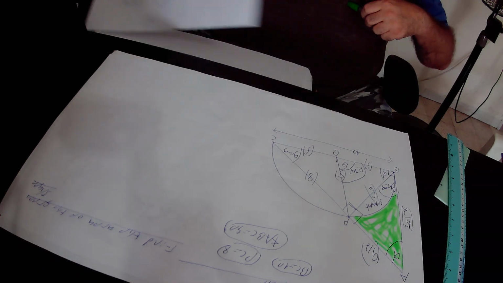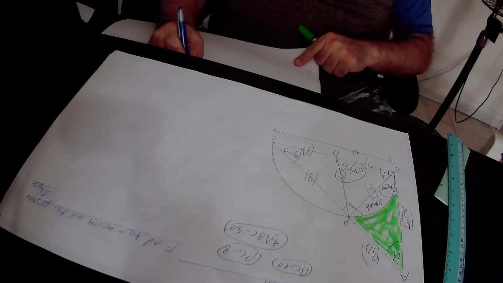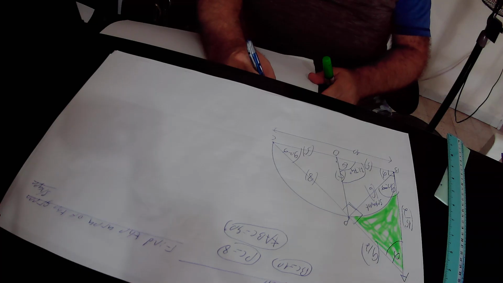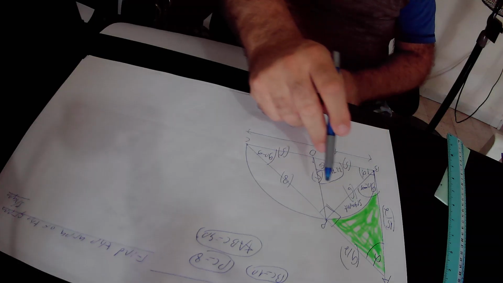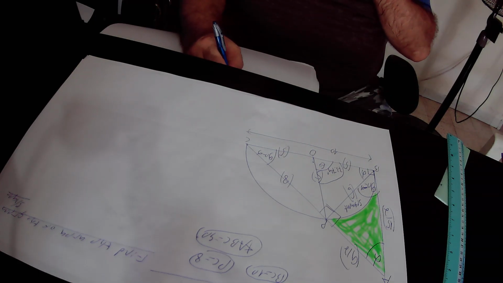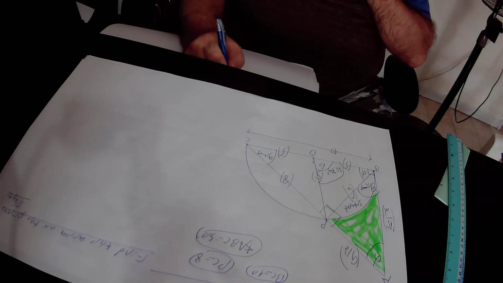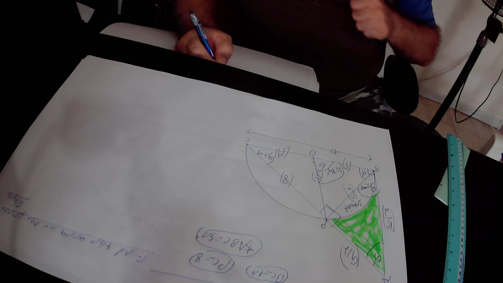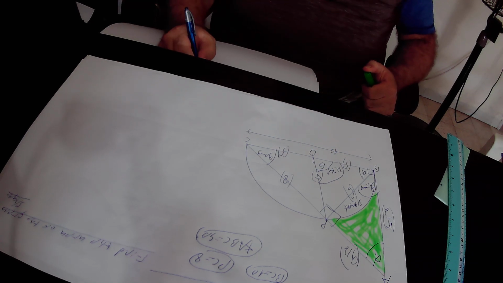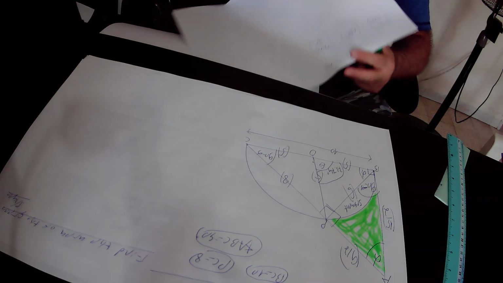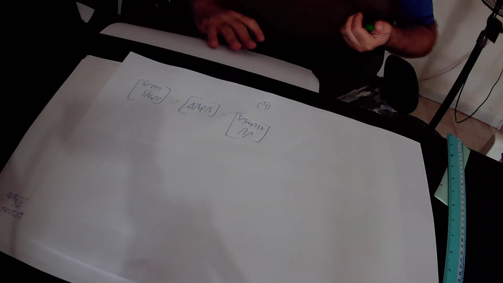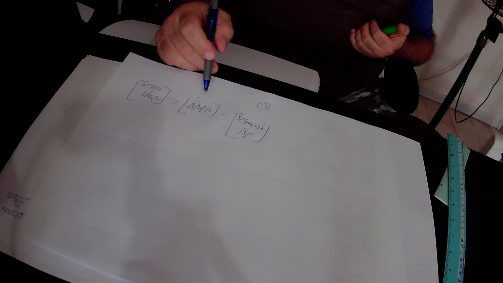From the drawing it is very easy to see that the area of the green shape must be equal to the area of this right triangle APB minus the area of this segment BP. So the area we are looking for, the area of the green shape, must be equal to the area of the right triangle APB minus the area of segment BP.